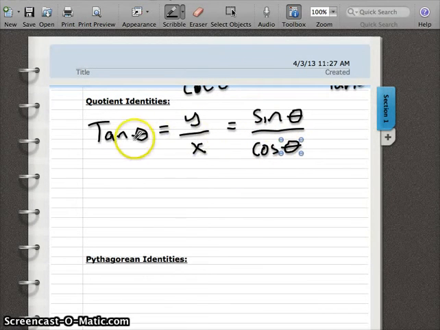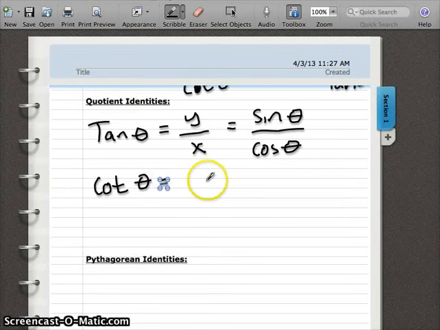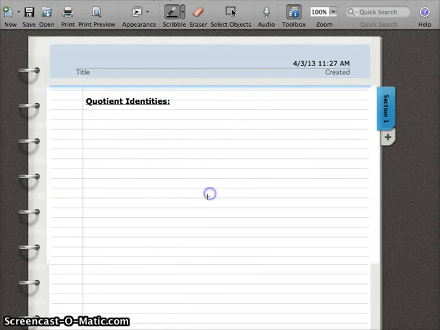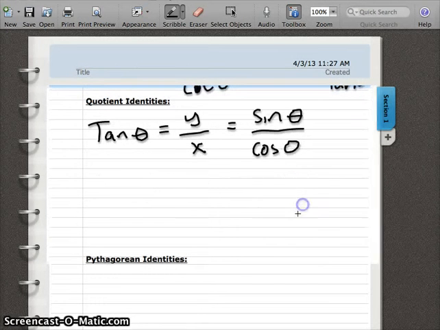So tangent is also equal to the ratio of sine over cosine. And we could say the same thing about cotangent. Since cotangent is the reciprocal of tangent, we would flip our ratio. Cotangent would be x over y, and that would be cosine of an angle over sine of an angle.